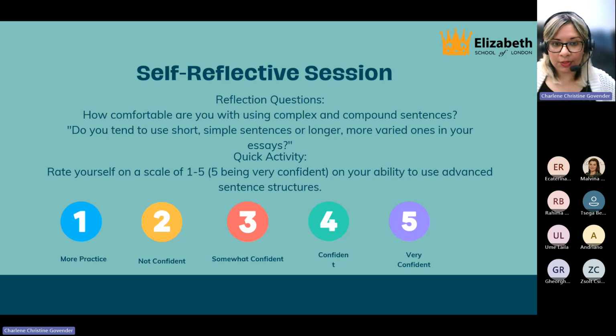Think about how comfortable are you with using complex and compound sentences? Do you tend to use short, simple sentences or long, varied ones in your essay? Okay. Now, when I first started writing, I used to use very, very long sentences and they didn't make a lot of sense.